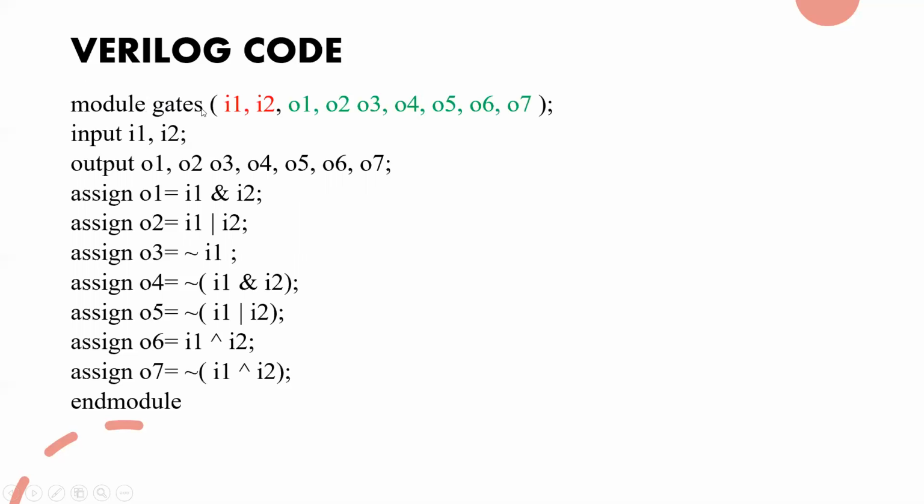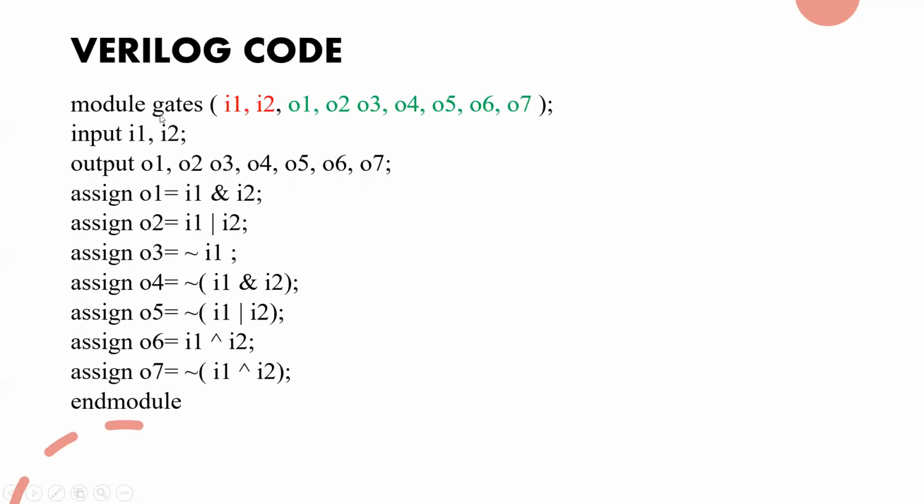This gates is nothing but the module name. Module is nothing but the keyword. Now, while giving names to the module, we're not supposed to give names or words that are the keywords in this library. So gate is not a keyword.